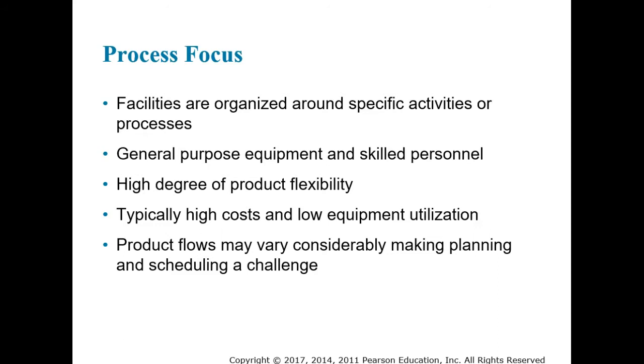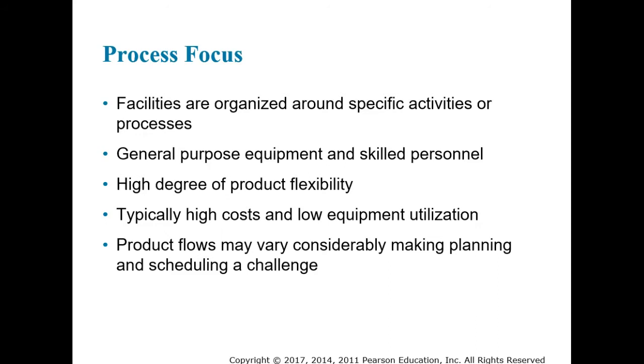In a restaurant, it may be the bar or the grill or maybe even the bakery. And such facilities are process focused in terms of equipment, the layout, and the supervision. So they provide a high degree of product flexibility as products move between the specialized processes, and each process is designed to perform a variety of activities and handle frequent changes.